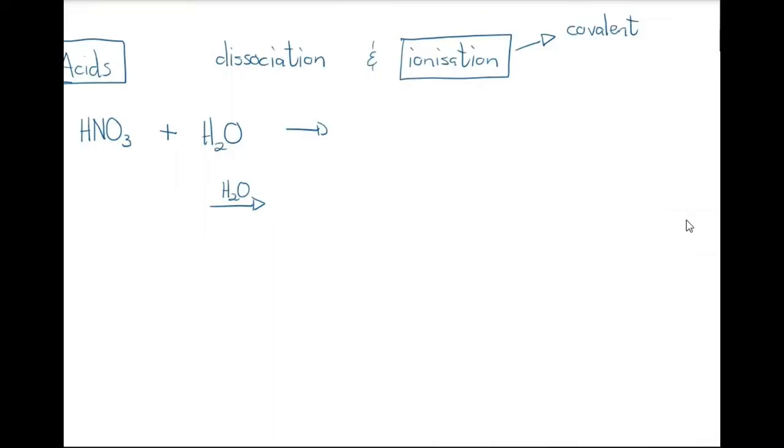So covalent bonds undergo ionization. That's the process that they undergo. But what is ionization? It's when they react with water. I'm going to write H2O. So ionization is the process, because you've got two. One is where water is written as part of your equation.